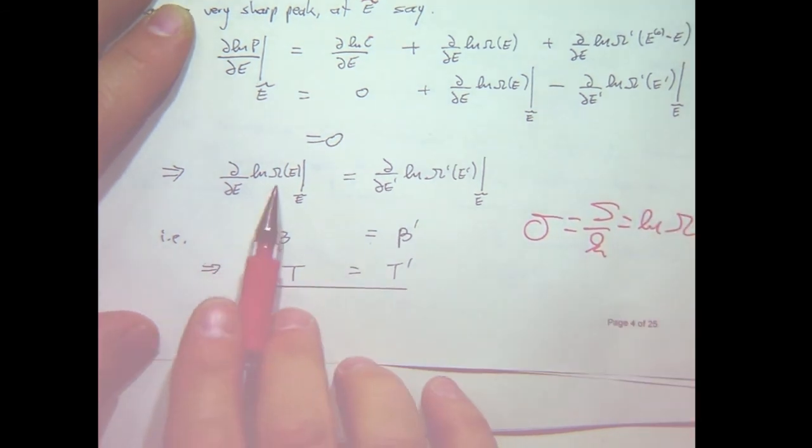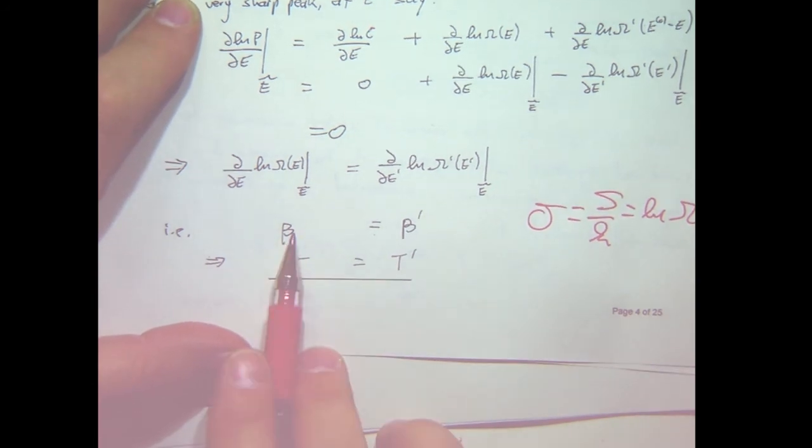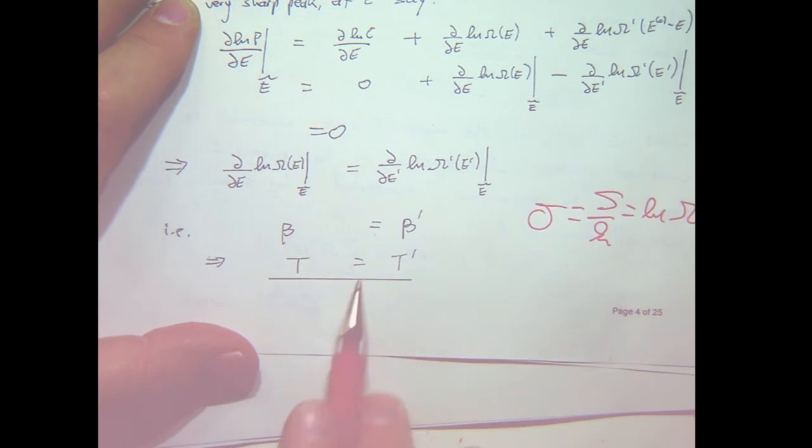So that's the d sigma by dE basically, which is 1 over kT, which is beta. Okay.